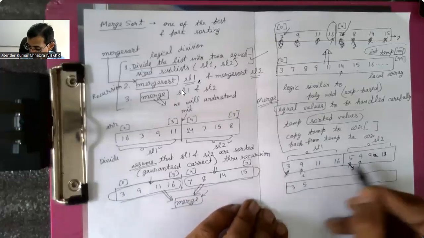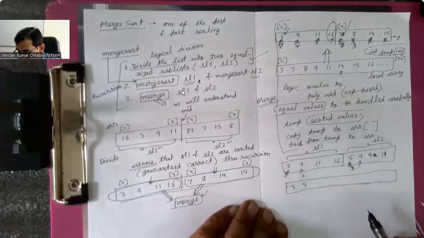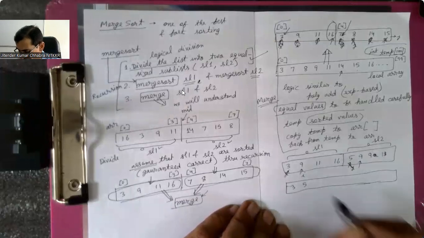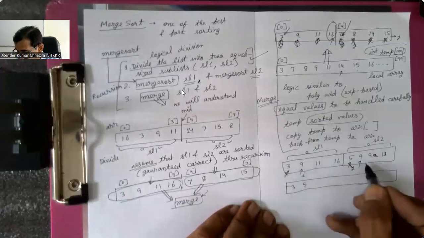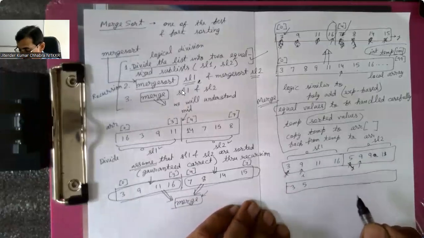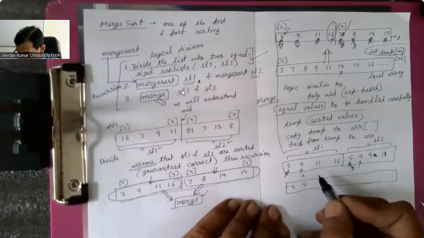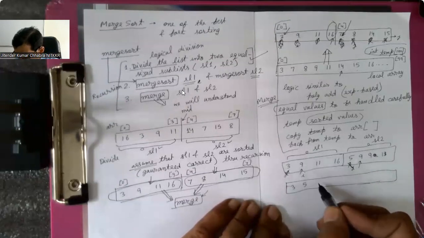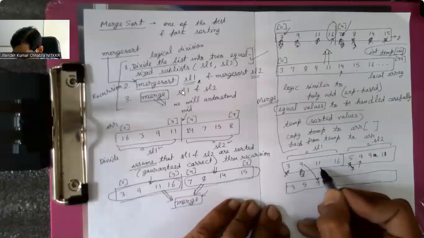Now, you have 9 and 9. So, if equal value, what should we do? Of course, you could say it doesn't make a difference, both are same values, but that could mean that you should copy both 9s here and then increment both i and j. I will say no, don't do that. The reason I will explain, but in such cases, I will copy this 9 here and increment i.